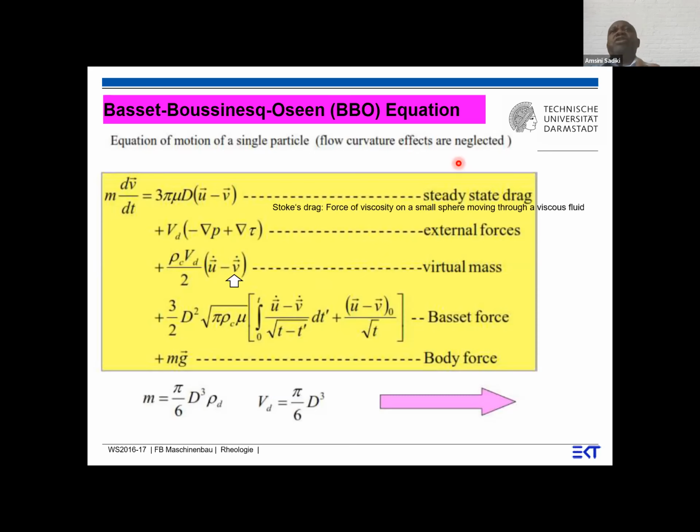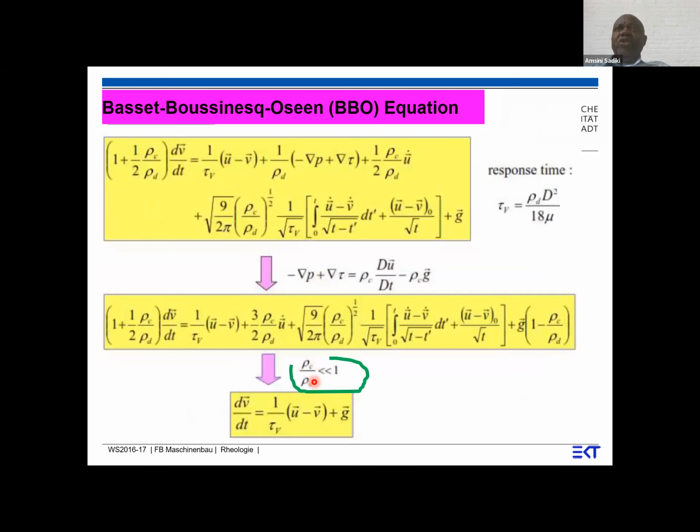This means that we consider homogeneous flow, as I have said. We first divide by the mass and then replace it, considering that we have a spherical particle for the volume. If we do this, we obtain exactly this equation.